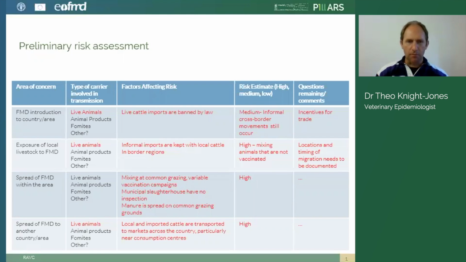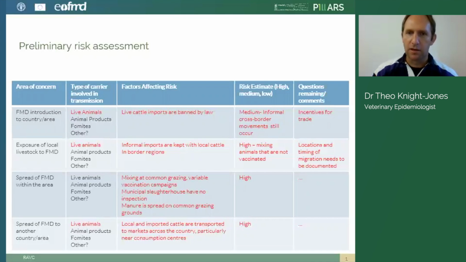So here are some examples. This is just to give a brief idea. It's not comprehensive. When you're doing this in a real exercise, you'll do a lot more. Looking at foot and mouth disease, introduction to an area and the risks. In this top row, we're considering live animals. Something that could affect the risk is that there are laws to ban import of cattle in this particular area.